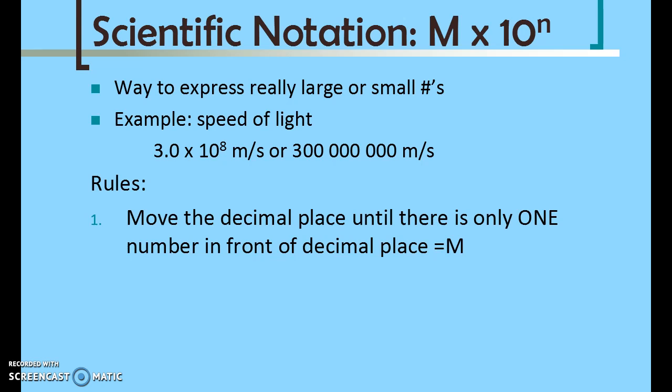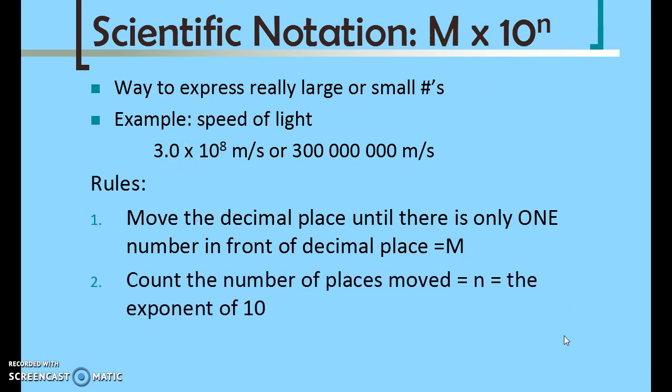And we call that area, if you look at the very top here where it shows the scientific notation, the M will represent the very first set of numbers that you will write. Then basically what you do is you count the total number of decimal places that you moved your decimal, and that is what is considered to be n, and so that is the power of 10 that you will write.